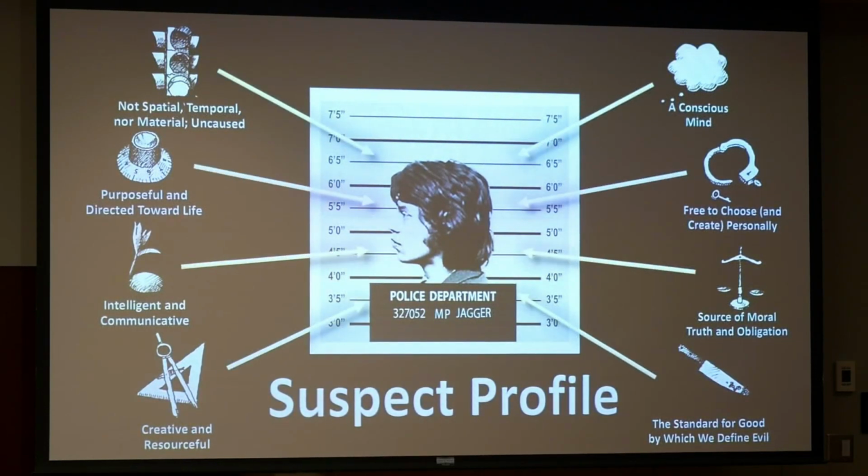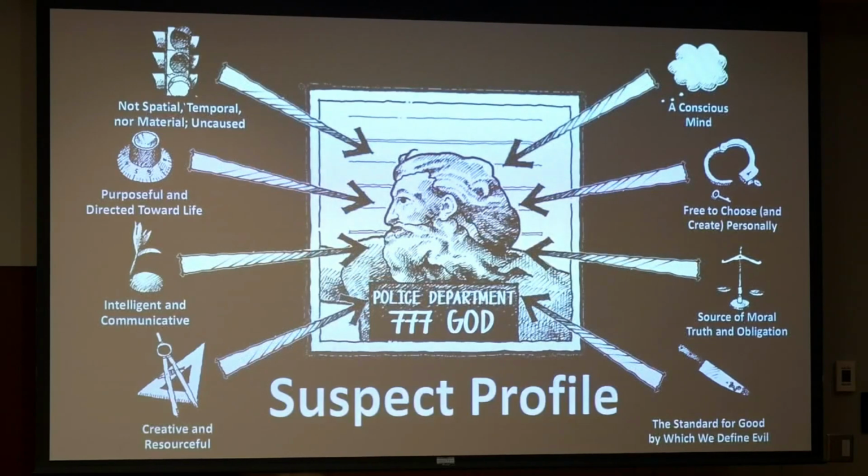That's not Mick Jagger. But that is classically what we think of when we think of God. And I can get to this point without ever opening any holy book. I didn't trust holy books.